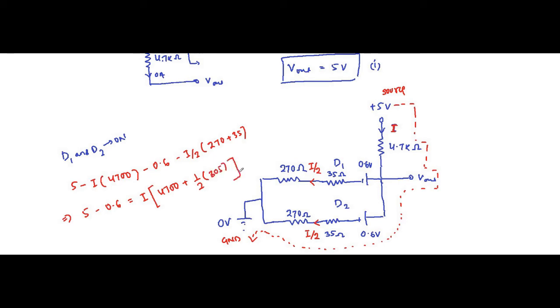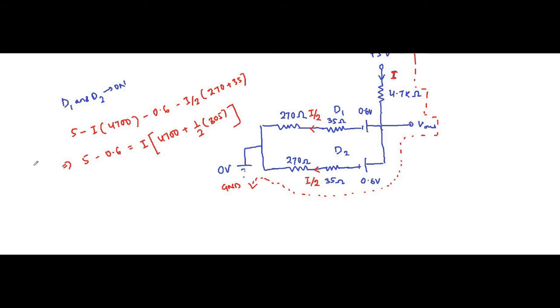That implies I will be equal to 5 minus 0.6 divided by 4700 plus 152.5, which is equal to, let us calculate, 5 minus 0.6 divided by 4700 plus 152.5.